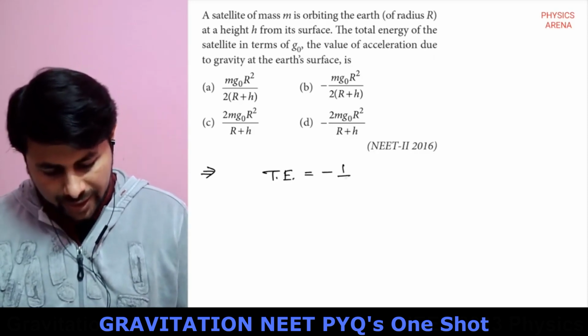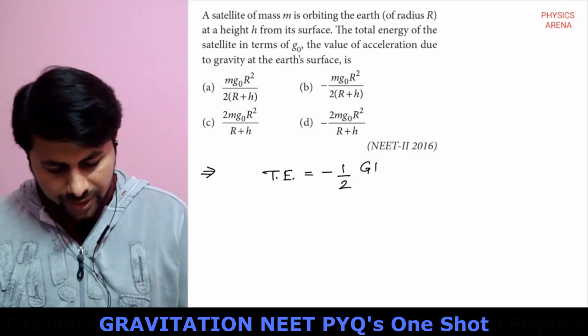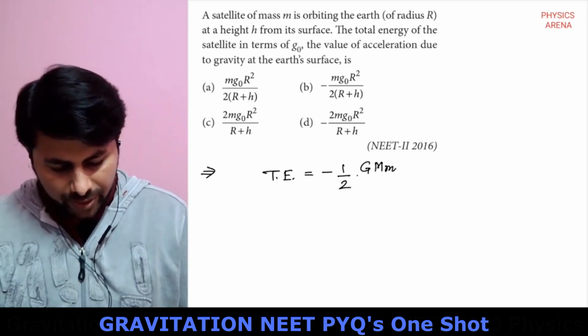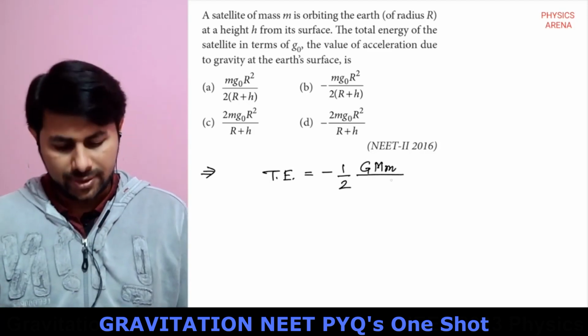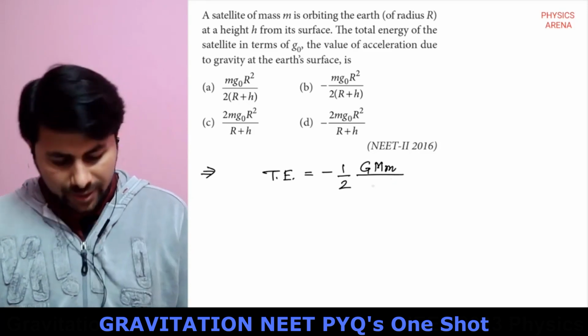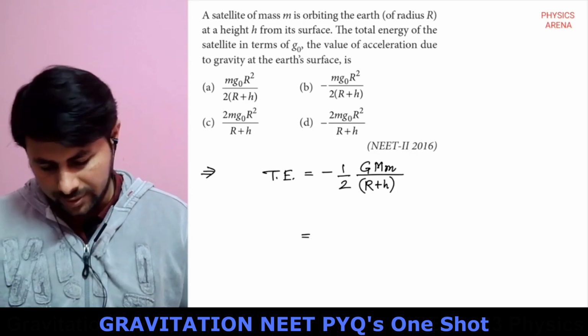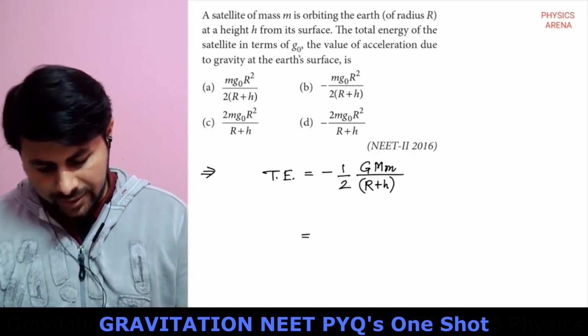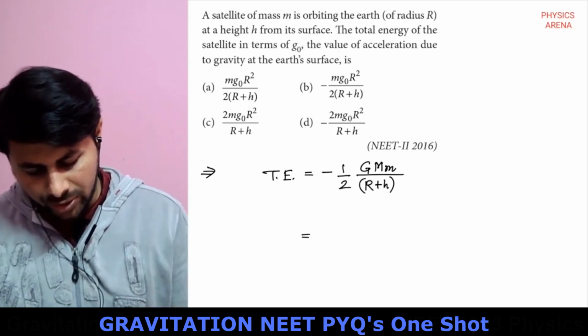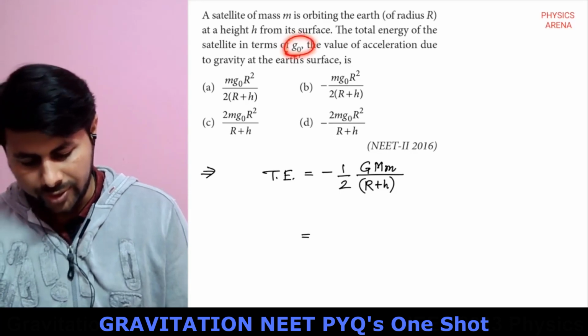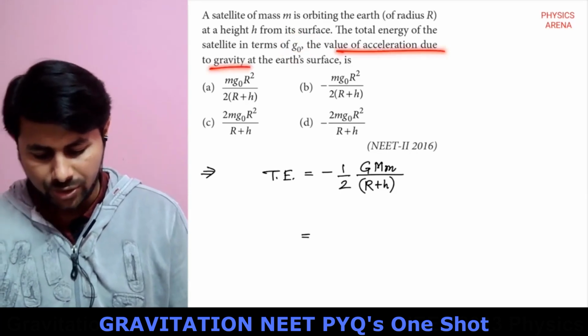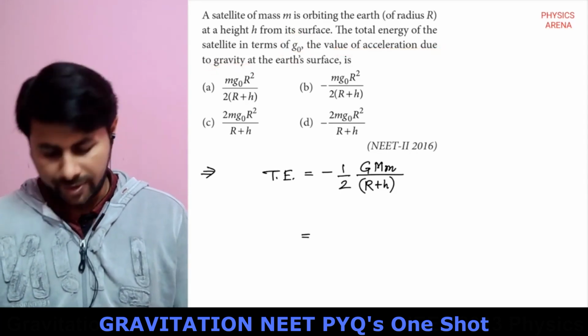It is minus half of GMm upon small r. And what is small r? It is R plus h, right? And they're asking how much is total energy in terms of g0. g0 is the value of acceleration due to gravity at the Earth's surface.